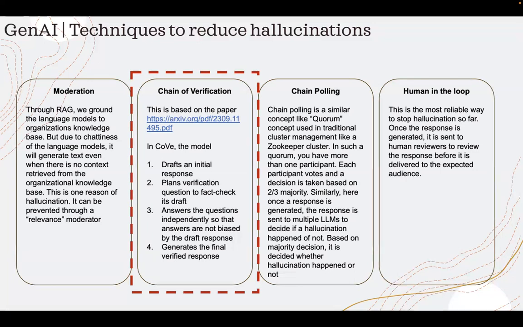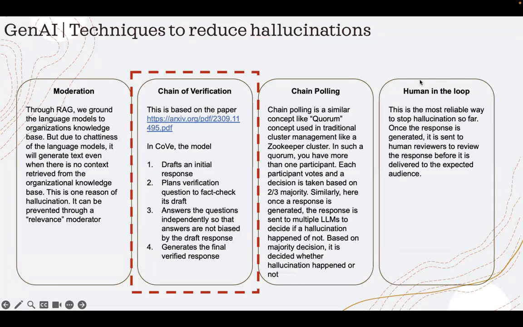The chain polling works similarly, where once a response is generated, the response is sent to multiple LLMs, which are participants in a quorum, let's say, to decide if a hallucination happened or not. Based on the majority decision, it is decided whether it is a hallucination or not.